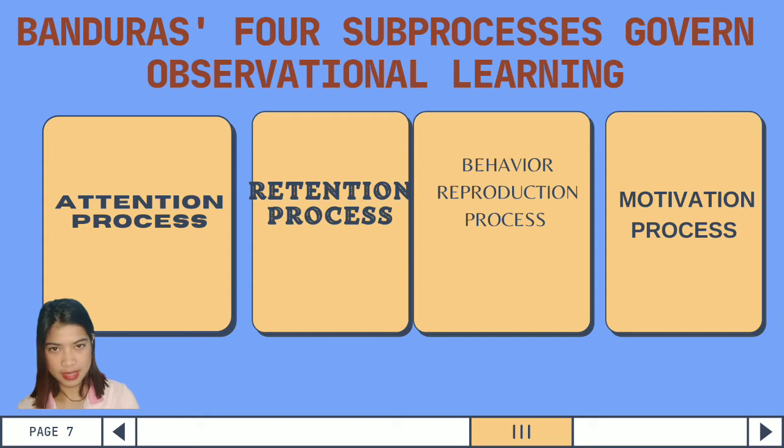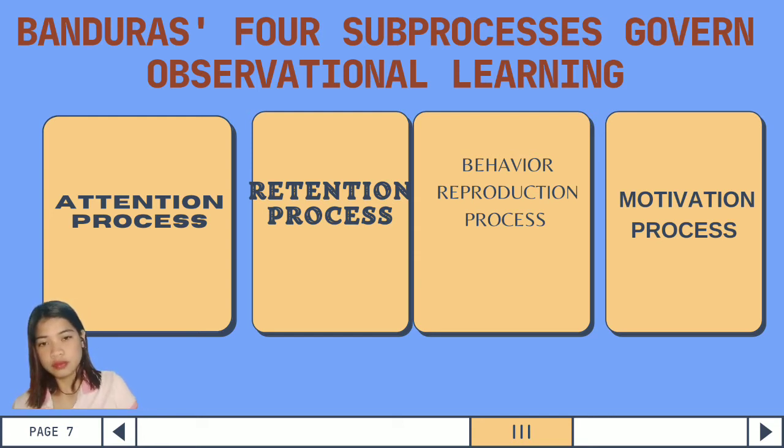The first is the attention process. This involves what the person observes and the information he or she extracts from the model's actions. Because of the importance of the attention process for learning, directing full attention to the demonstration rather than mere observation of it is more important for optimal learning.